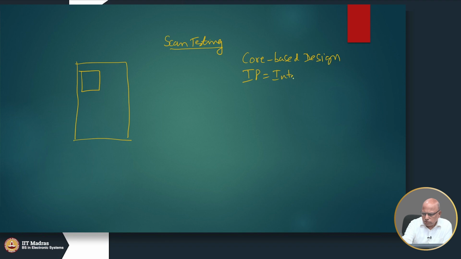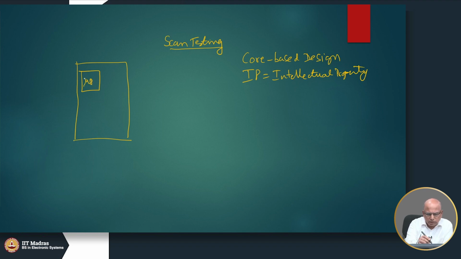So, companies sell these intellectual properties, for example, a microprocessor core.